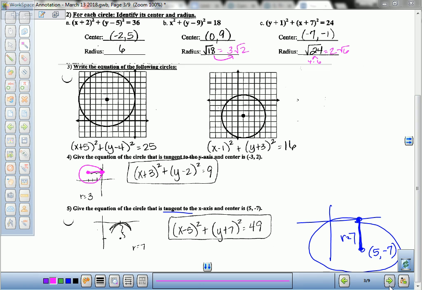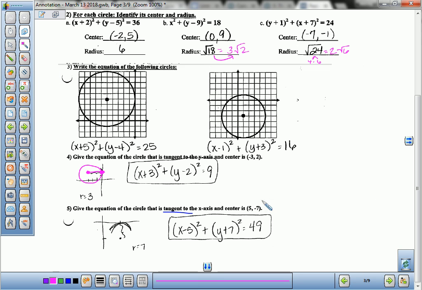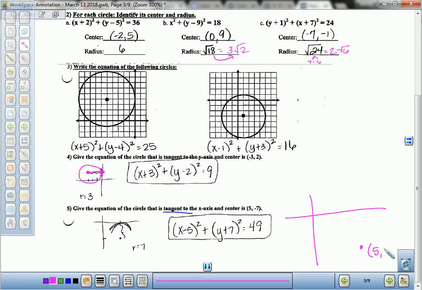Yes. On number 5, where did you get 49? Okay, so this is the same problem, well, very similar to the one before it. So let's redraw it so you can see it happen. The point is 5, negative 7 this time, so it would be over here, down here. It tells me this is the center, but this time it's tangent to the x-axis.